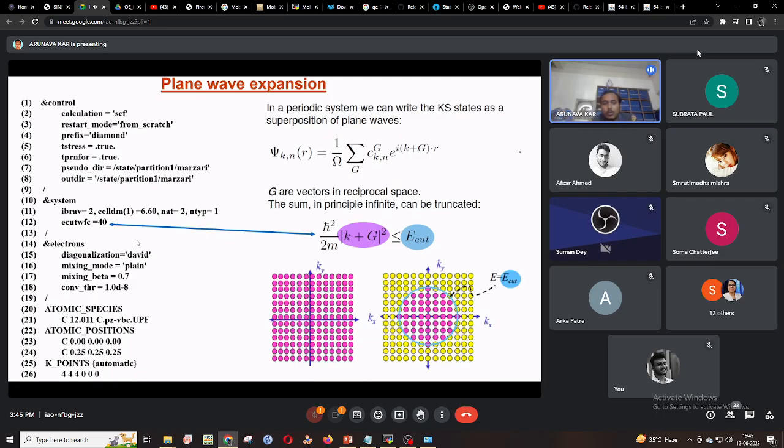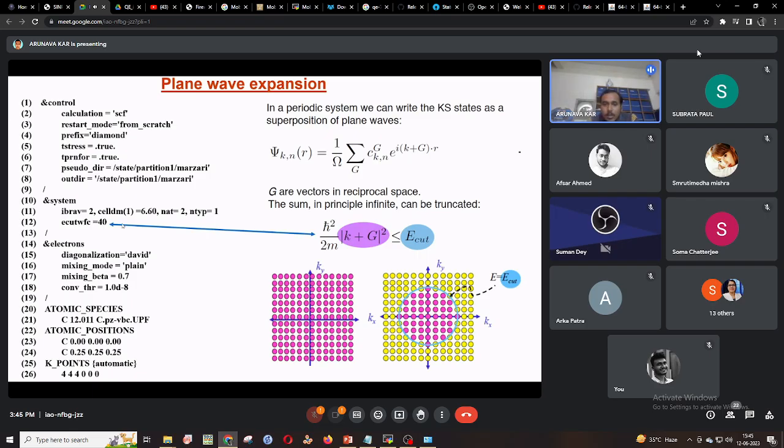So what we need to do is optimize what the ecut value should be for our calculation. For every calculation, we need to do a cutoff energy variation to check whether your system is converging with the ecut or not.